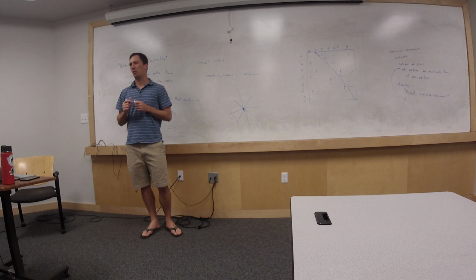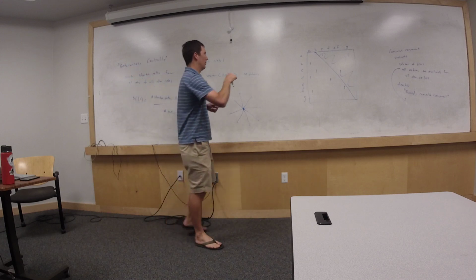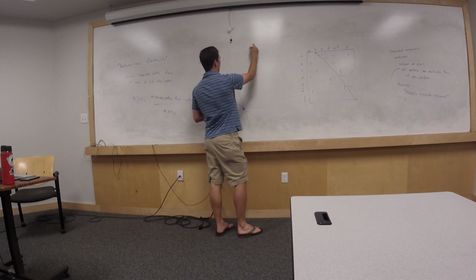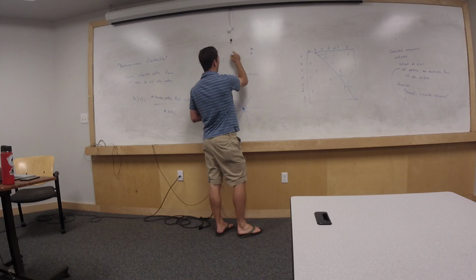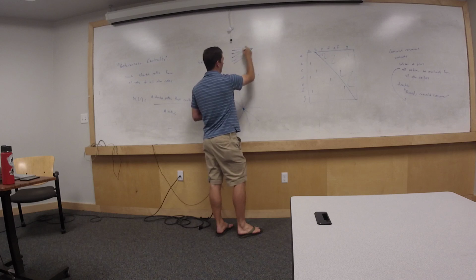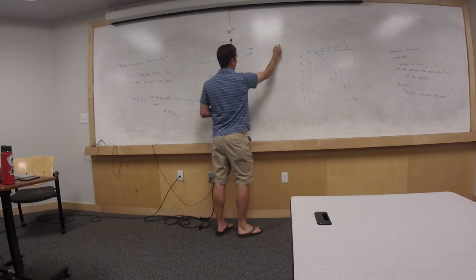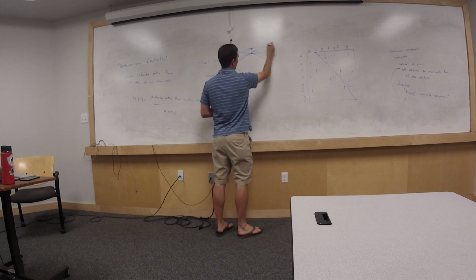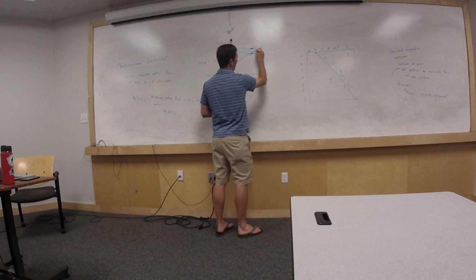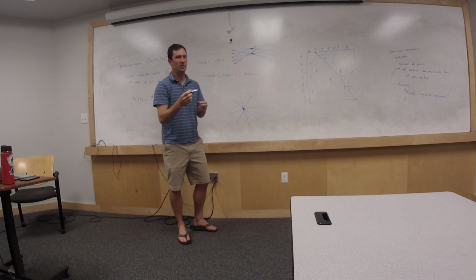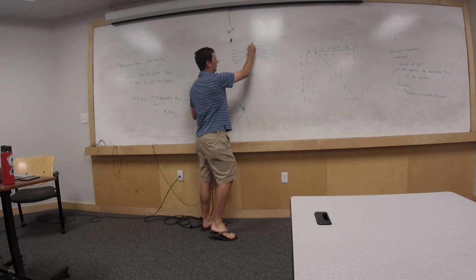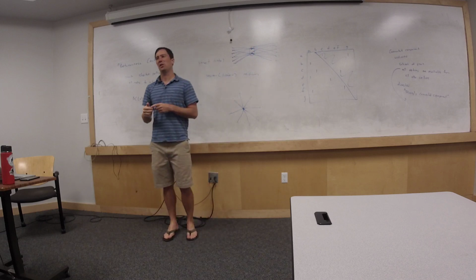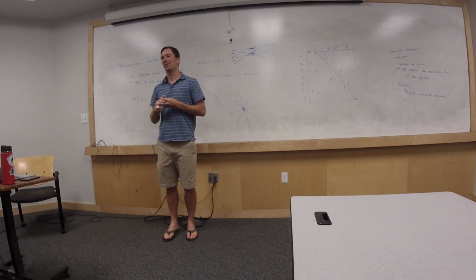So again, this is kind of a coarse thing. If I have a graph that looks like this, betweenness centrality is going to be split between those two nodes.